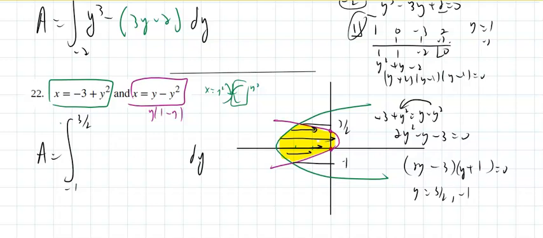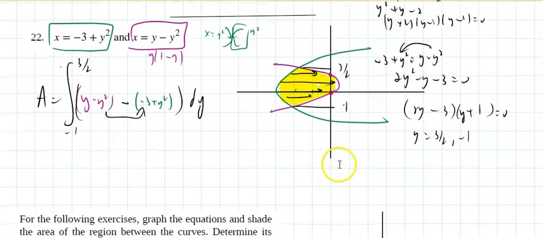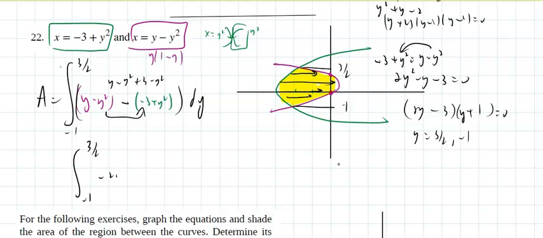Well, right is the purple. The purple is y minus y squared minus the left. The left is the green, which is negative 3 plus y squared. Make sure to use parentheses around those, right? Or simply I could say it's the integral from negative 1 to 3 halves of y minus y squared plus 3 minus y squared, negative 2y squared plus y plus 3, and we know how that goes, right?